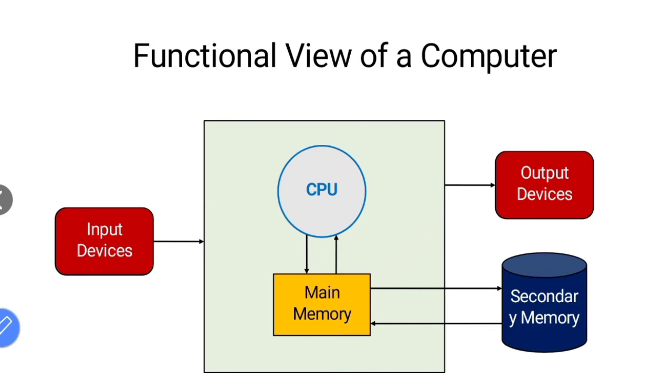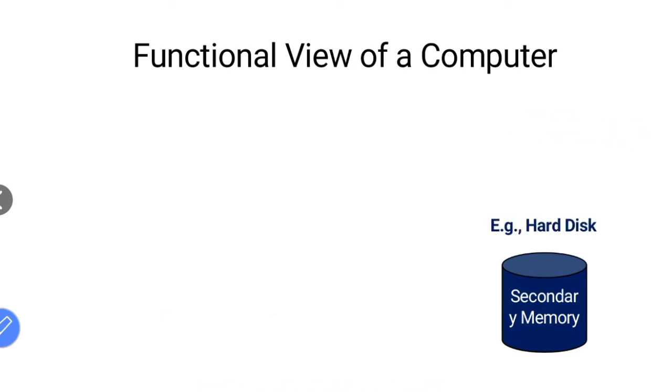For processing the data, we need mainly three things in a computer: one is the input, one is the computation, where the data is processed, and after that the output. So the whole computer industry is based on only these three modules: input, process, and output. Let's understand one by one.